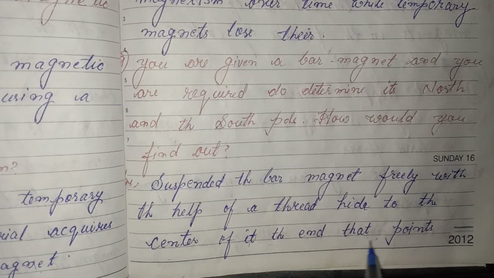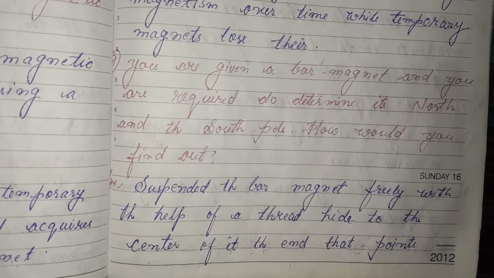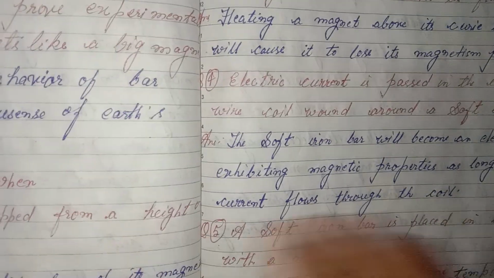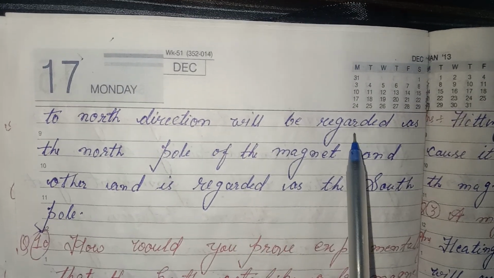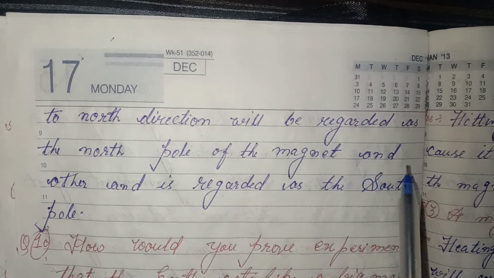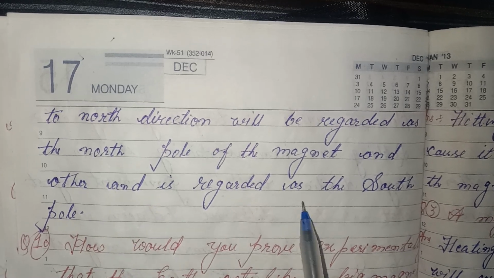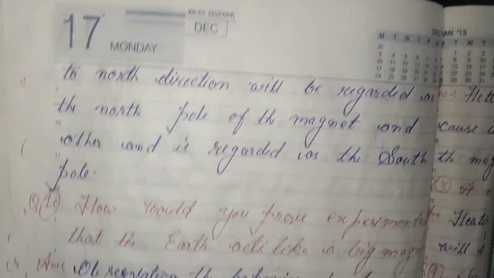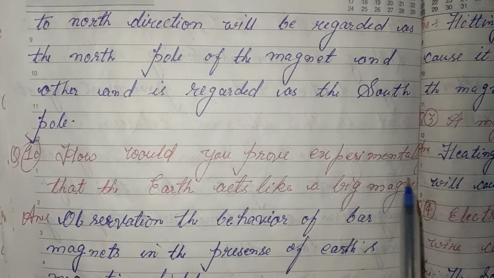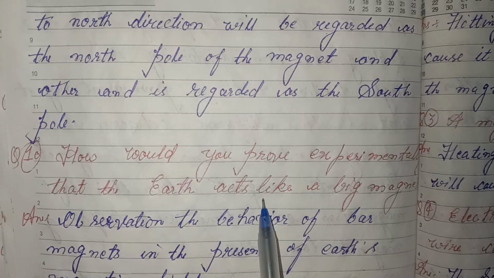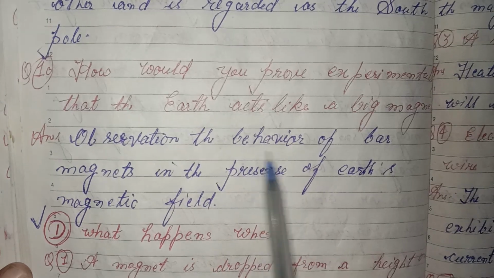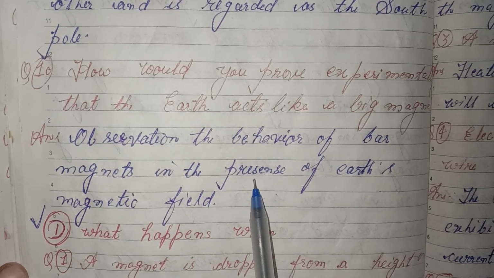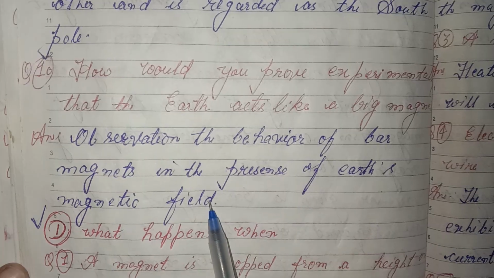The end that points to the north direction will be regarded as the north pole of the magnet and the other end is regarded as the south pole. 10. How would you prove experimentally that the earth acts like a big magnet? Answer: observe the behavior of bar magnets in the presence of the earth's magnetic field.